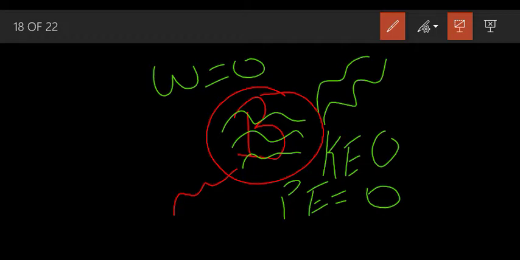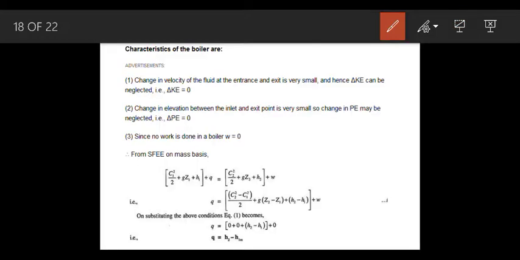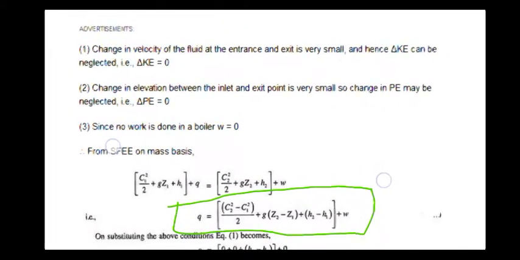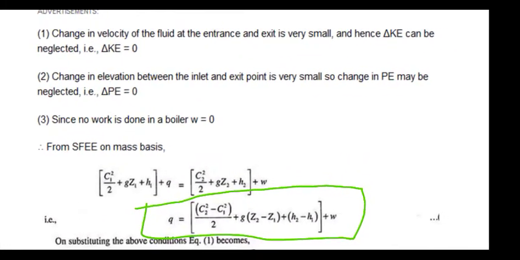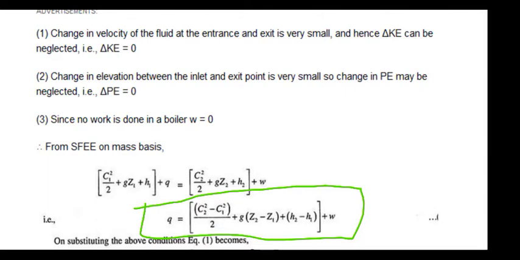So we will substitute these values in the steady state energy equation. Now what is the steady state energy equation? This is the steady state energy equation. Focus only on this part. I will just zoom in. When we substitute the values, you can observe that kinetic energy is taken as 0, potential energy is taken as 0, work done is also taken as 0.